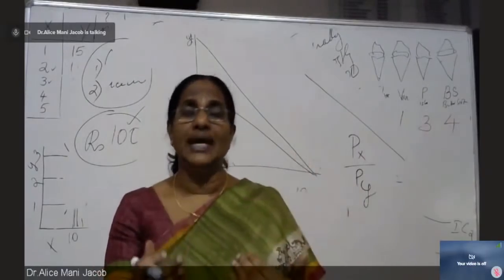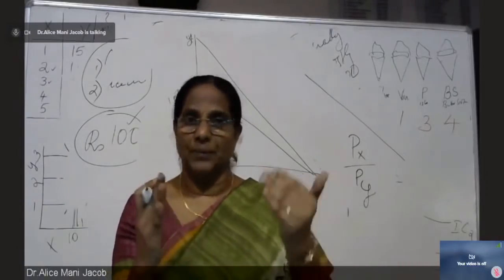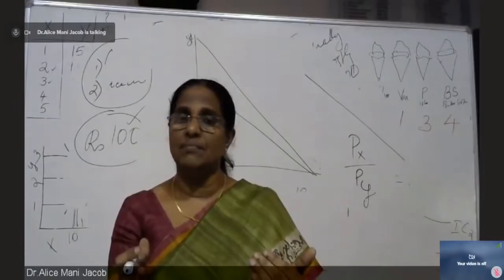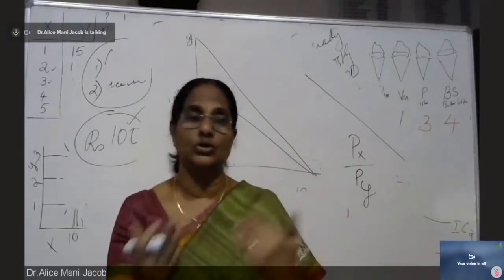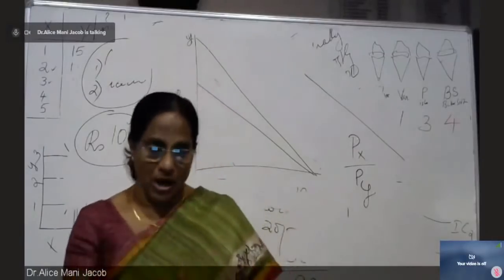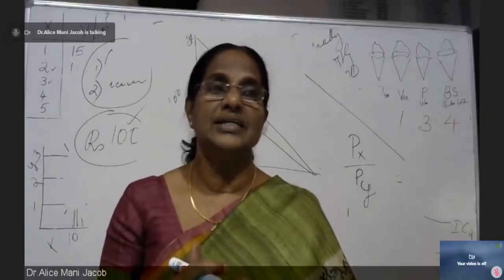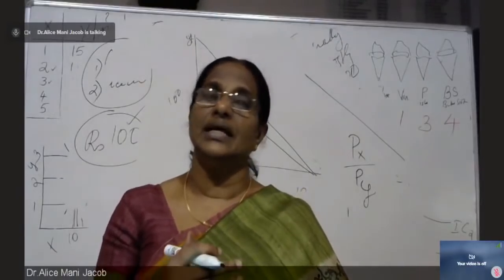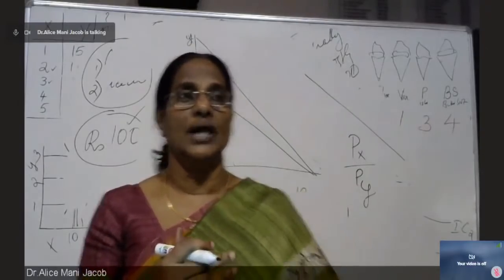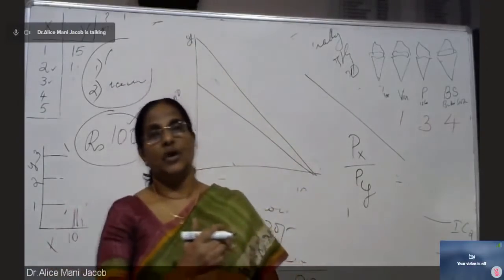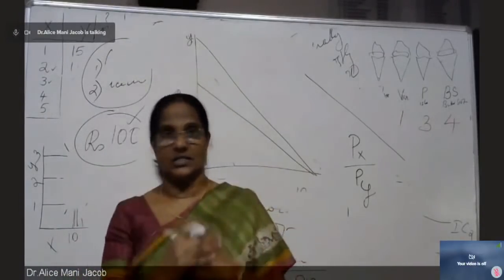When income changes, with prices remaining the same, the price ratio remains the same, and so there will be a parallel shift to the right or to the left depending upon your change in income. If there is an increase in income, your budget line will shift to the right. And if your budget is less, it will shift to the left, provided the prices remain the same.